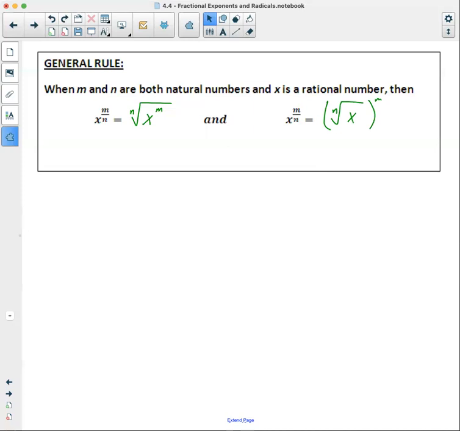So what we're saying here is that you can either put x to the power of m and then take the nth root to solve for that, or to simplify that expression, or you can take the nth root of x and then raise it to the power of m.